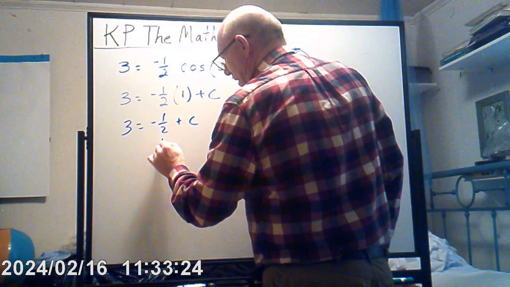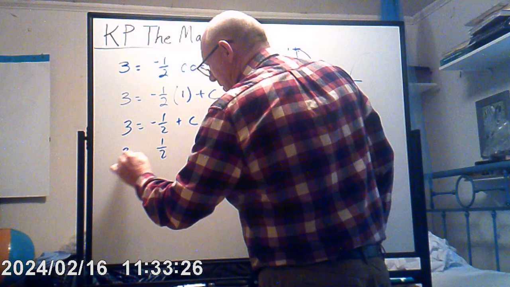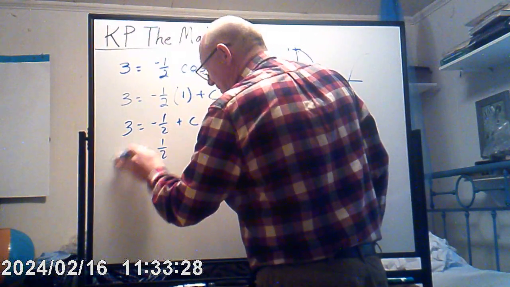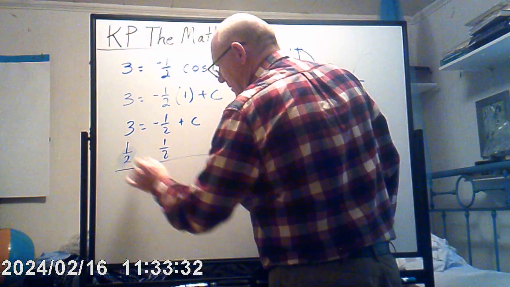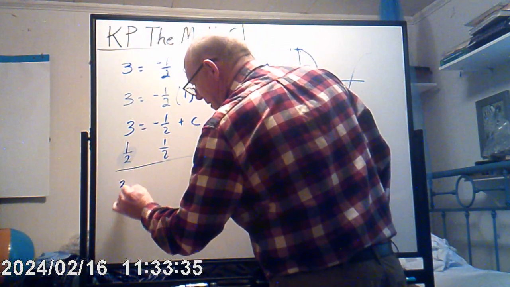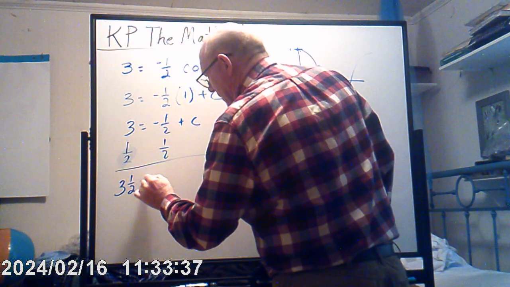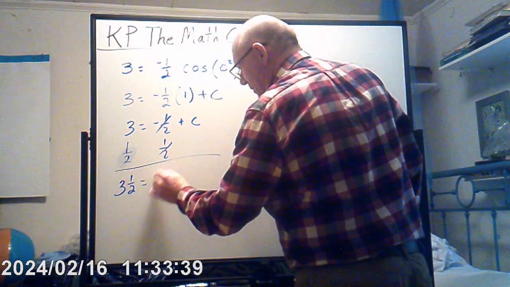Then we add 1/2 to both sides, so 3 plus 1/2, which is 3 1/2, is equal to c.